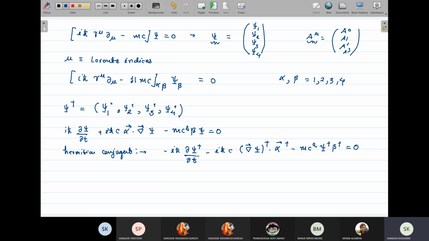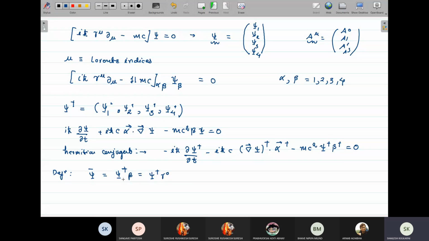Now what I will do, I will construct a quantity called psi bar. Just for convenience, and we will see later how this is useful, I define psi bar equal to psi dagger beta, that is the same as psi dagger gamma 0.